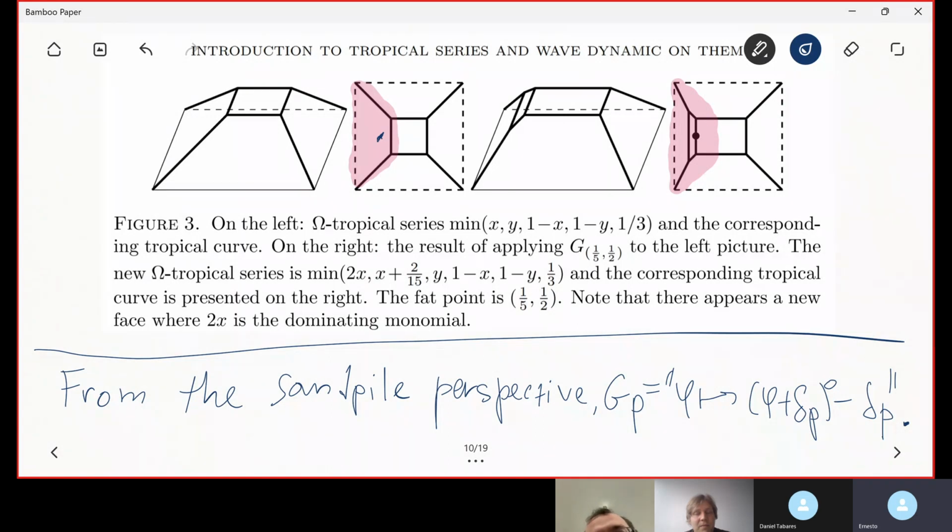Yeah, that's possible. But in your own experience, probably the tropical sandpile GP came before and motivated the tropical GP. From, I think, kind of the same time, because we were doing experiments on the computer, and usually we were working in the mode when those sandpile configurations look really like tropical curves.